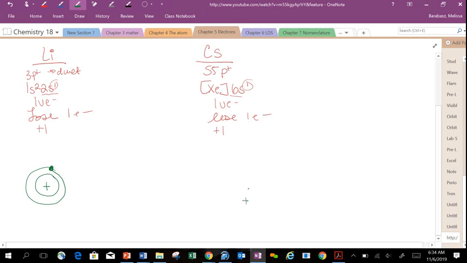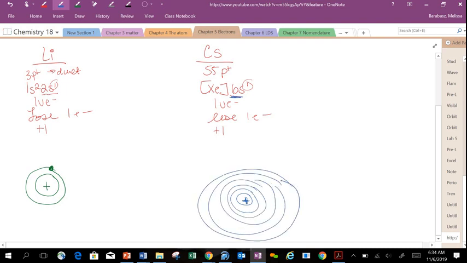Cesium is going to have 6 rings, because it has 6 energy levels around the nucleus, and it's also going to have 1 electron.